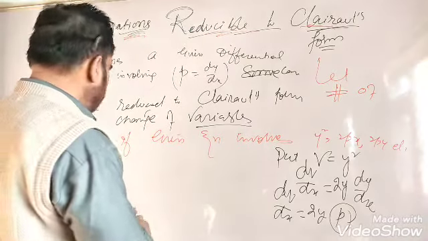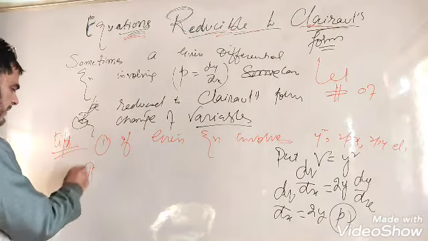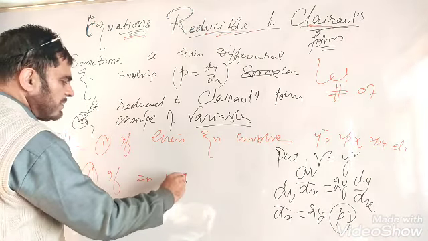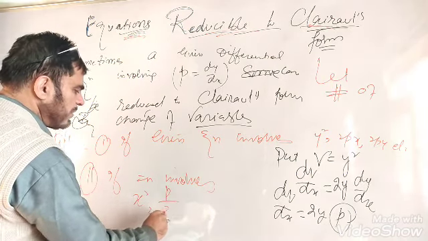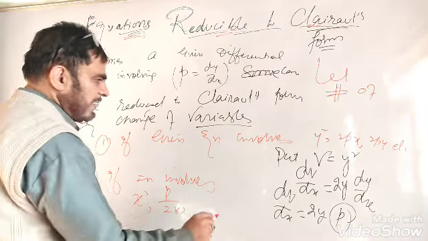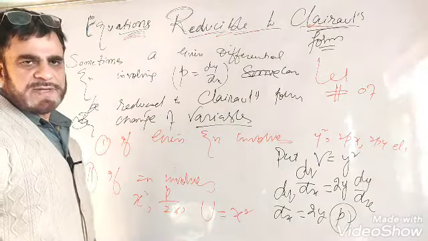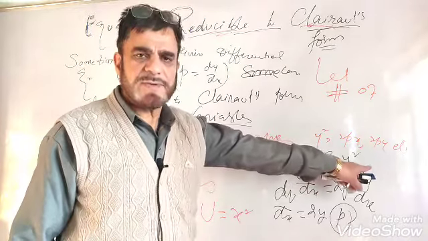This is number 1. Number 2, if equation involves x square term, p by 2x sometimes extra, then we put u is equal to x square, change of variables. In some books you may see capital Y is equal to small y square.